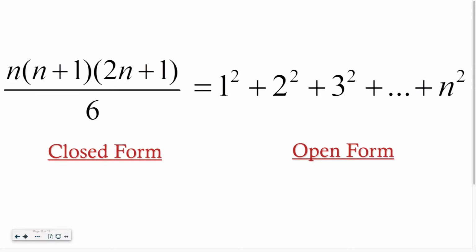Whereas if you have the sum in terms of n, that's open form. It's all of the terms added together.